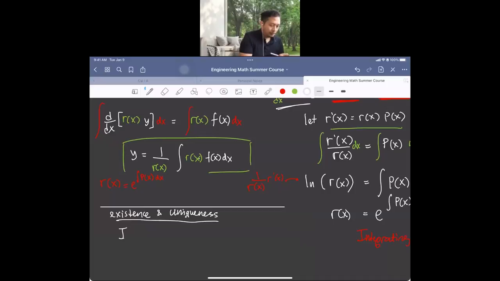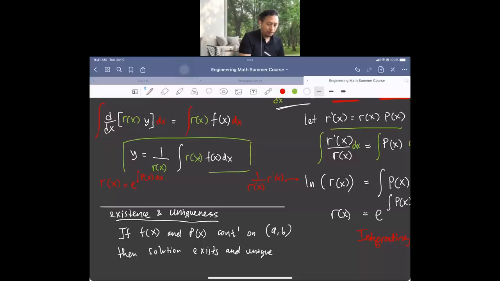That if f(x) and p(x) are continuous on interval (a,b), then the solution exists and is unique on (a,b). Just make sure the functions f and p are continuous.